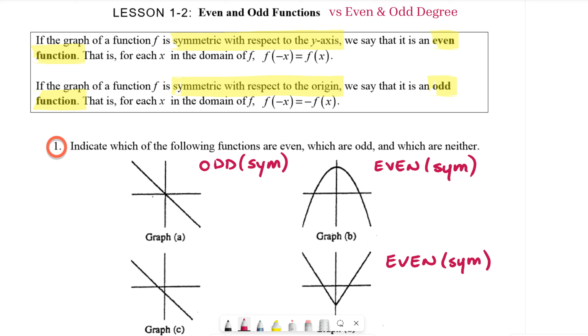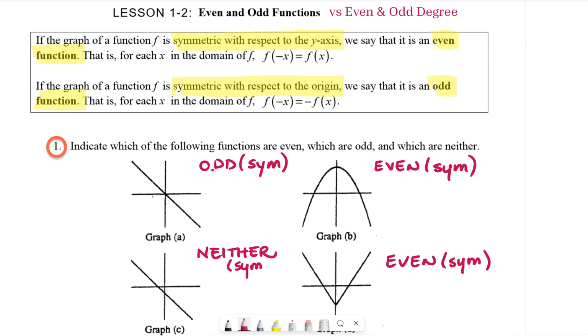Now, the reason I'm writing SYM next to these words is because eventually we're going to compare even and odd functions and even odd degree. So I wanted you to know that right now we're speaking about even and odd functions with regards to their symmetry. Graph C does not have either odd or even symmetry. Okay? And that has to do with symmetry as well.